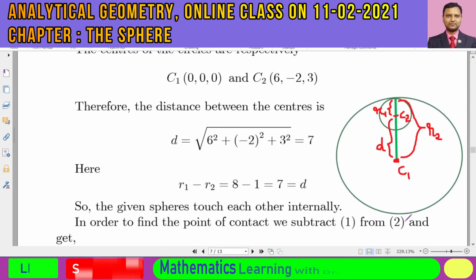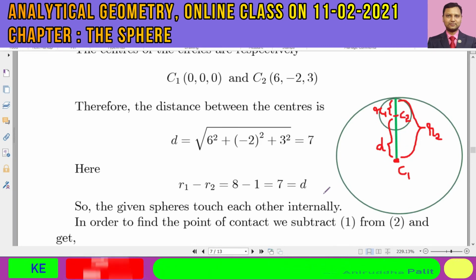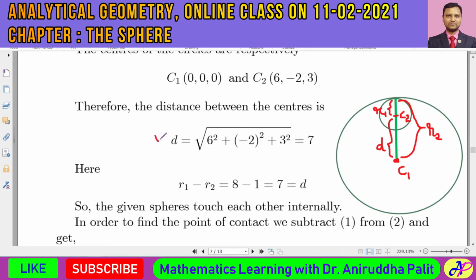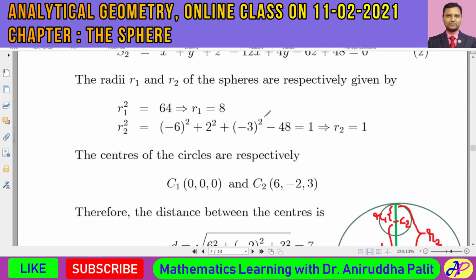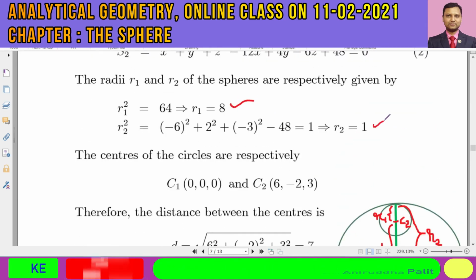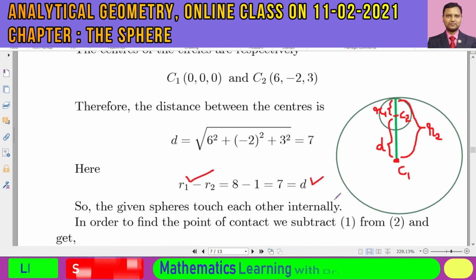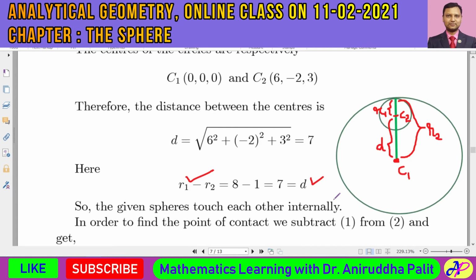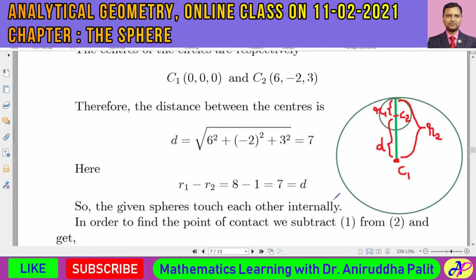Then we can compute the distance between C1 and C2. That becomes equal to 7 units. And what we observe is that 8 minus 1 is equal to 7. That means R1 minus R2 is equal to the distance d, and this is the condition under which the given spheres touch each other internally.